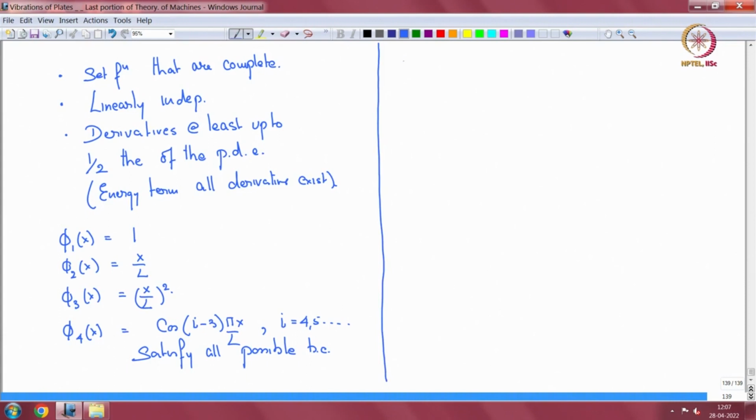So, how does the displacement function look like? It looks like A1 plus A2 x by L plus A3 x by L whole squared plus the sum from I equal to 4 to some n of AI cos((I minus 3) pi x by L).